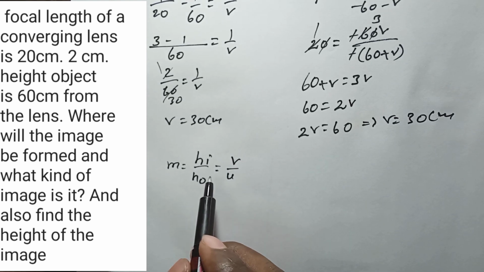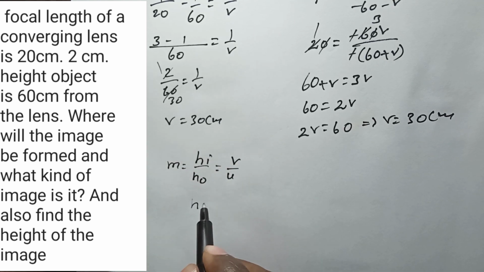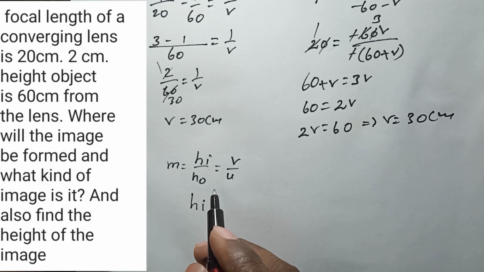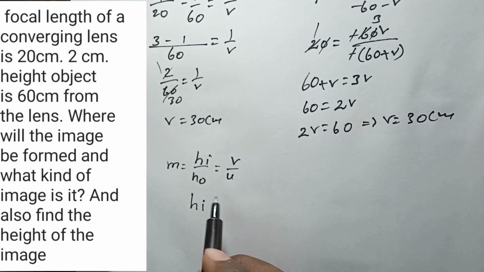So what are the values we know? We are going to substitute here. Height of the image, that we don't know actually, so we substitute it as it is, because that is the unknown we are going to find. Height of the object, we know, is 2 centimeters above the principal axis.